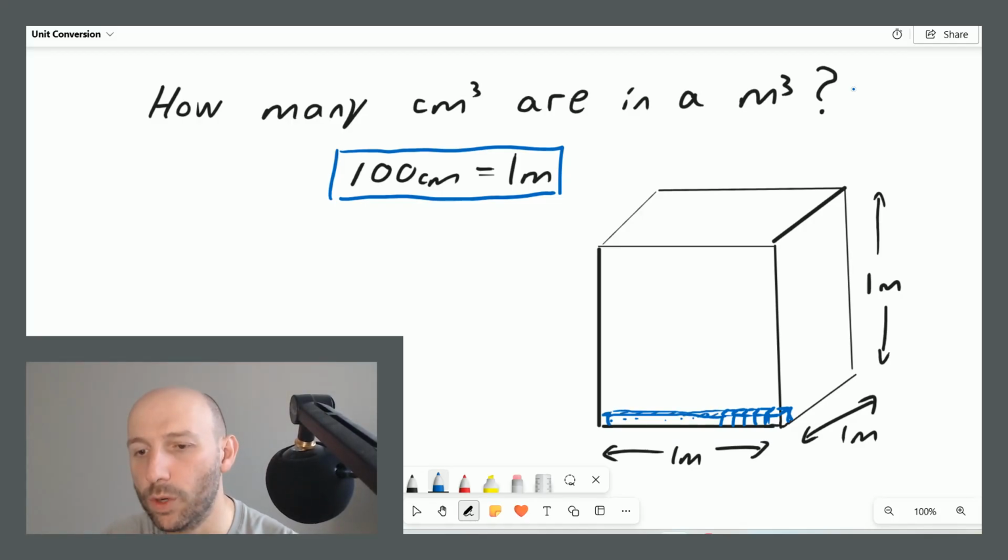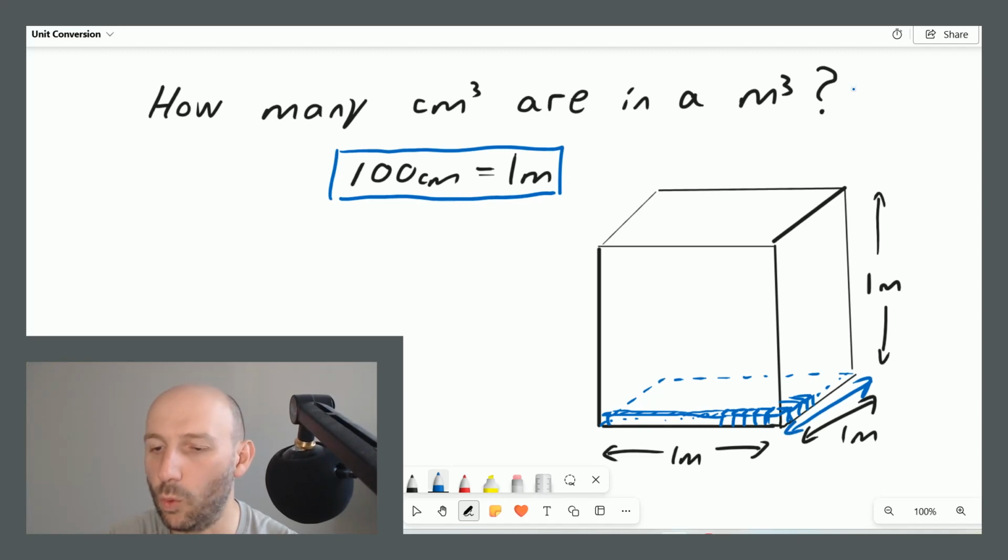Now, what if we want to fill up the entire floor of this cubic meter? How many rows of these cubic centimeters would we need? Well, there would be 100 rows along this length here, because again, 100 centimeters in 1 meter, and each of these cubic centimeters is 1 centimeter in length, and the entire length here is 1 meter.